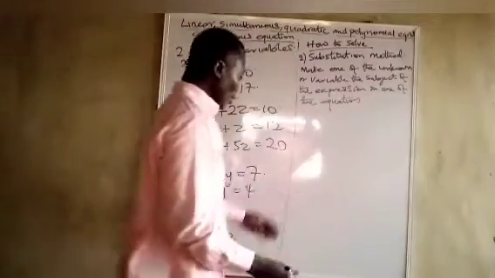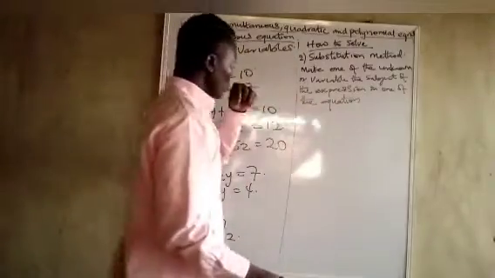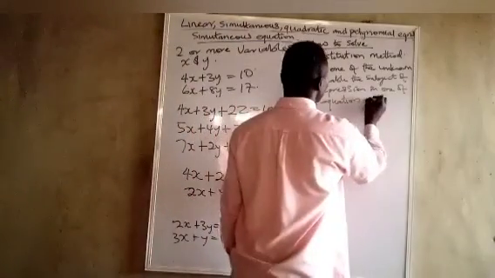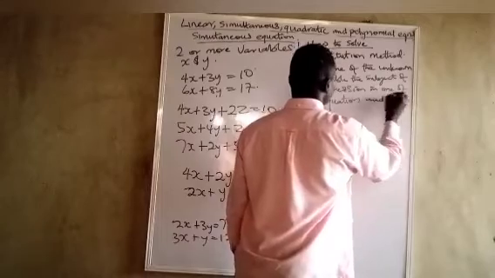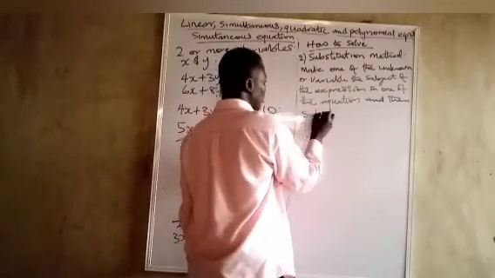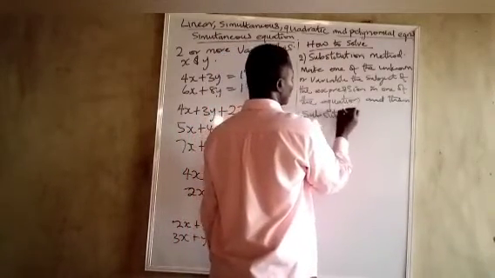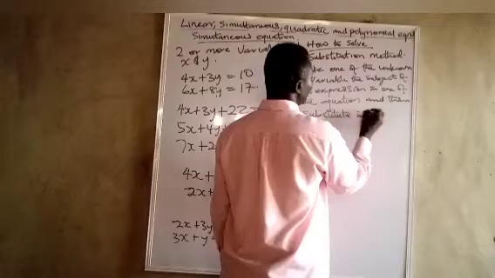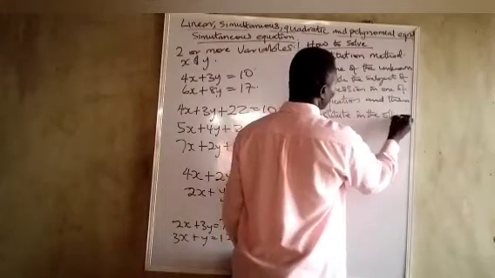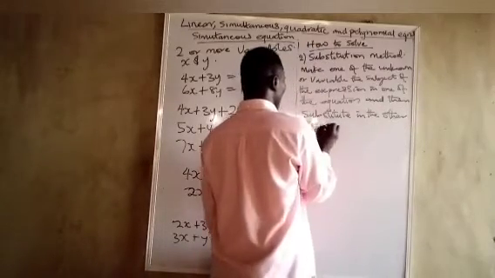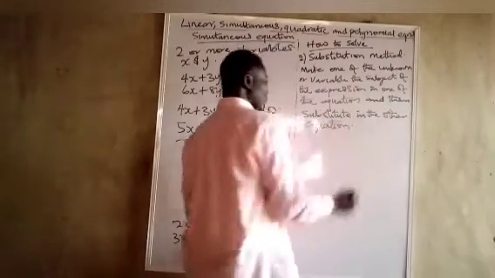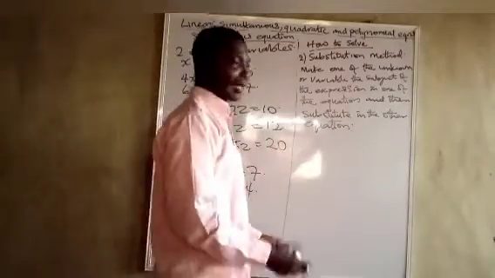Look at the steps. First of all, make one the subject of the expression, and then the second step is to substitute in the other equation. This one is very easy when your unknowns are just 2.